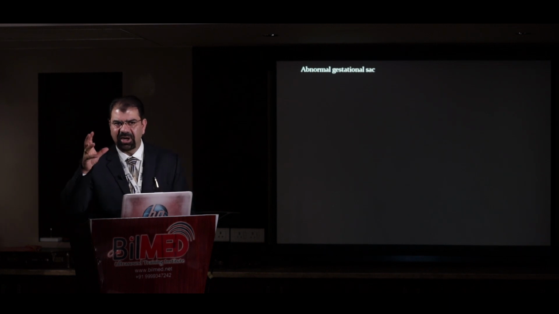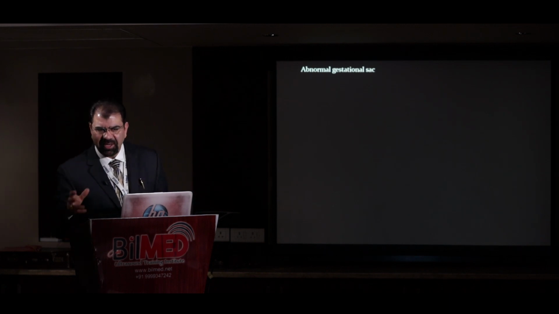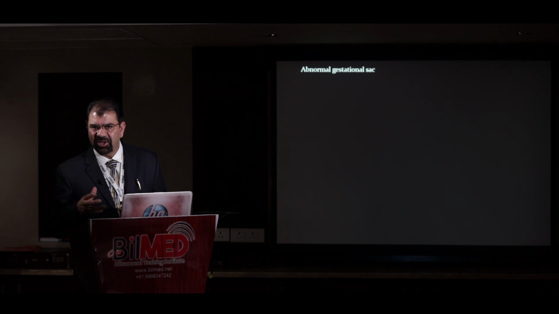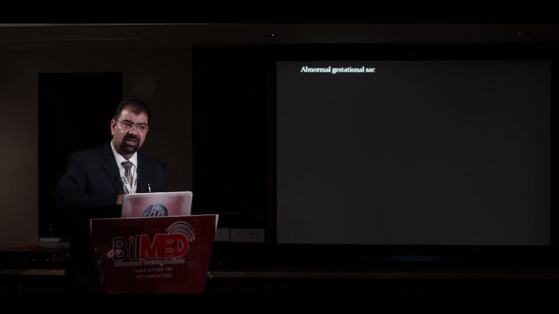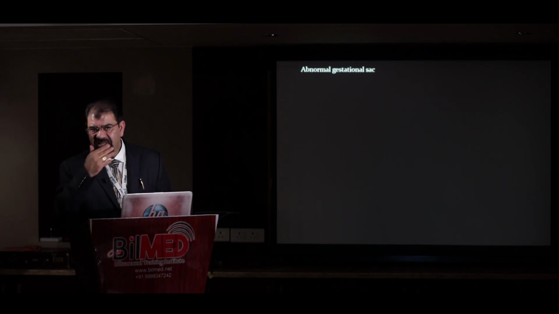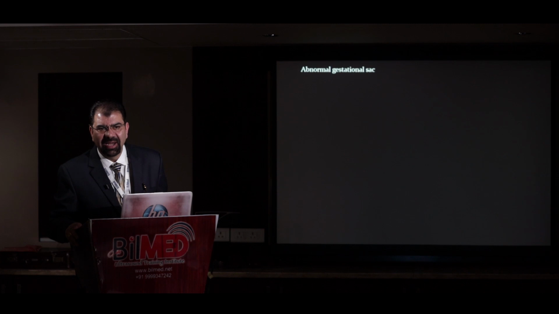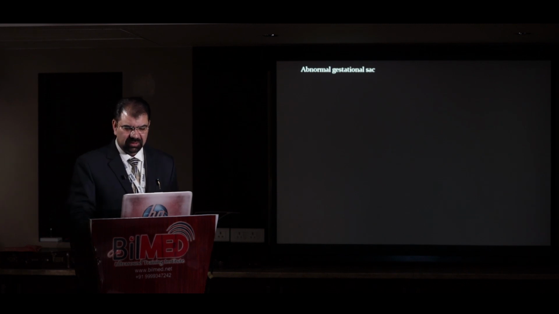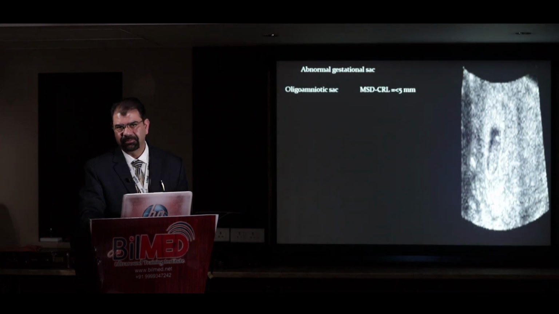When the crown rump length CRL is matching with your expectations, but the mean sac diameter, and I am using the word mean, how to take that, we will discuss in practicals, the mean sac diameter will not correspond, it will be less.